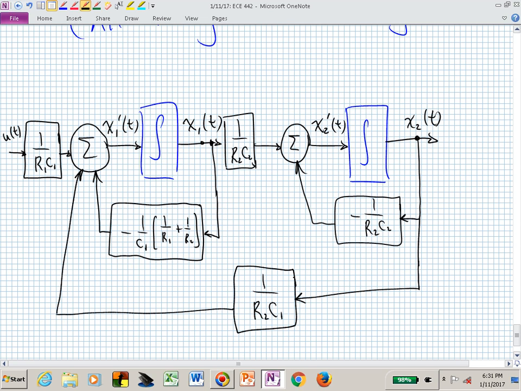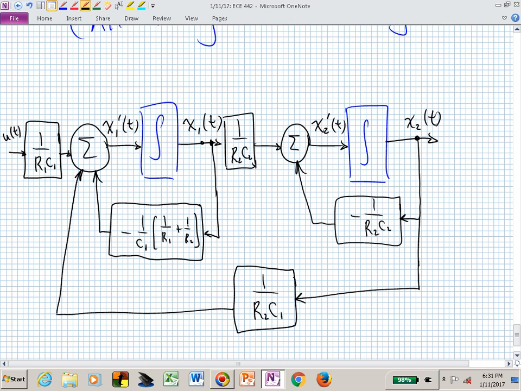Those three signals now combine to create, if this is now our all integrator block diagram, we can inject any input we want, u, as long as we know what the r's and the c's are, and we have these integrators, and out pops x sub 2 and x sub 1.